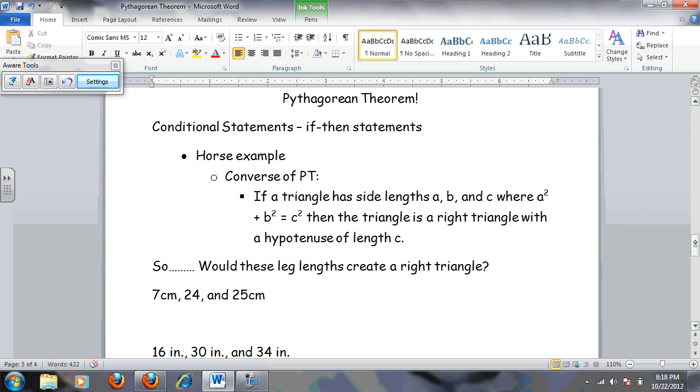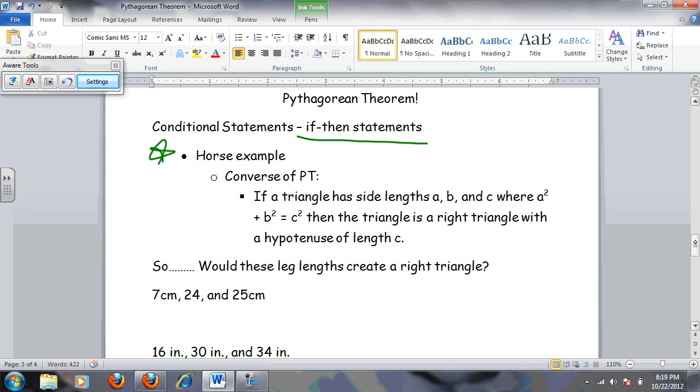I want to talk about next some if-then statements, conditional statements. I want you to look at the top of page 183. And it's talking about if-then statements. We're going to look at the horse example.